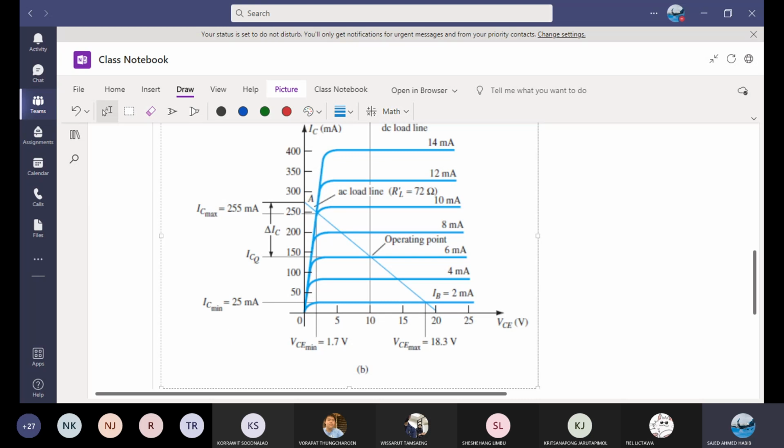If you follow this solution, your output power will be 0.477 watt. I got 0.441. And if you take 0.477 divided by input power and multiply by 100, the efficiency is 34.1.